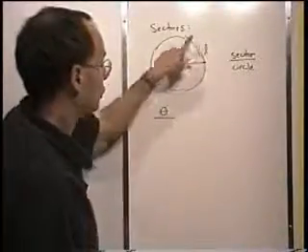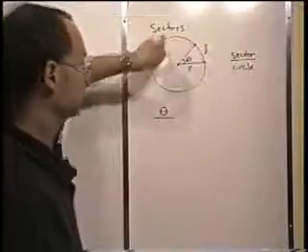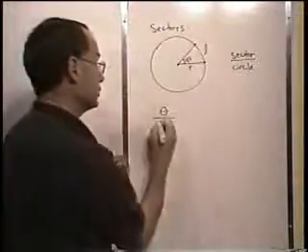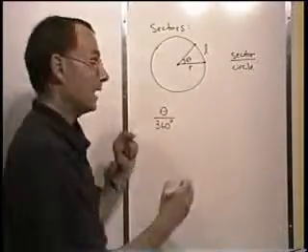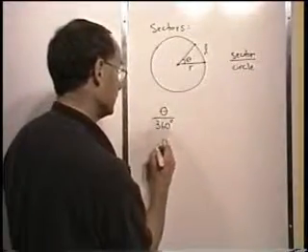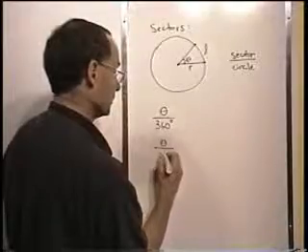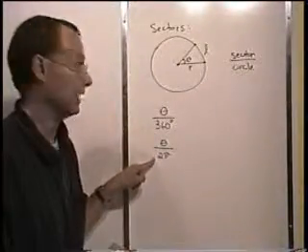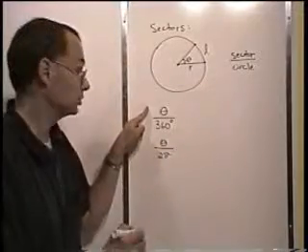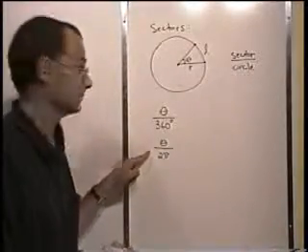And the circle angle, which would be the complete circle, if you're working in degrees, it's 360 degrees. And if you're working in radians, then this ratio would be theta over 2 pi. So it depends whether you want to work in degrees or in radians.